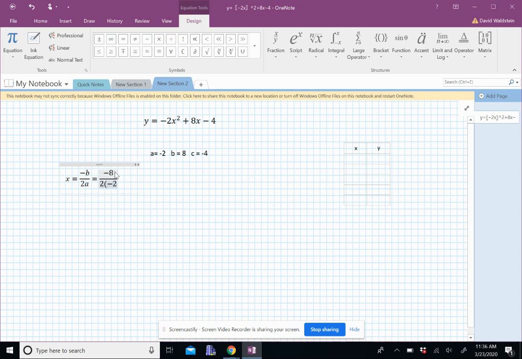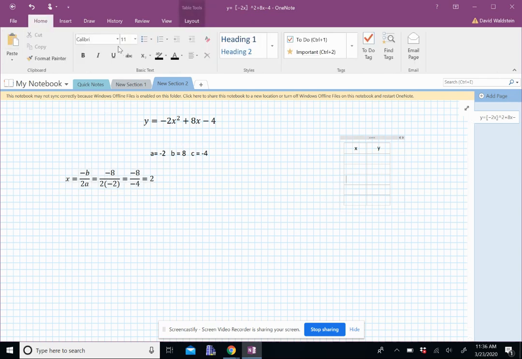And then our a is negative 2. So we go negative 8 divided by 2 times negative 2, which is negative 8 divided by negative 4, which is going to give us an x-coordinate of our vertex of 2.